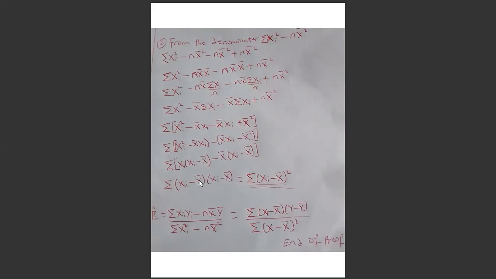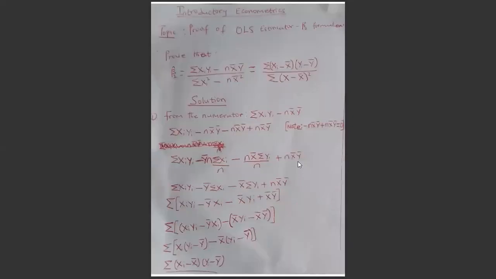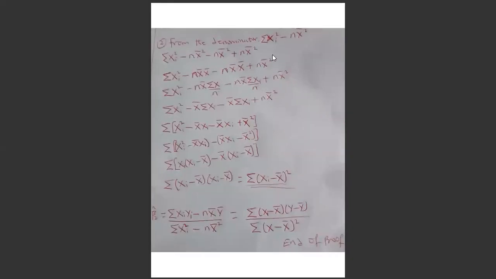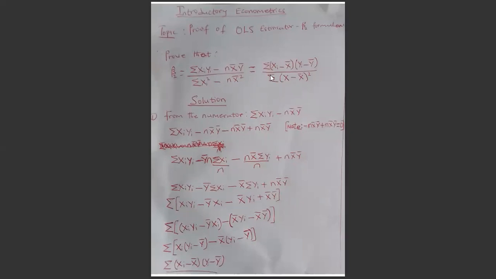So it's equivalent to (x minus x bar) squared. Putting the summation outside the bracket, we have summation (x minus x bar) in bracket squared. So this expression, the denominator, is equivalent to this. We have proved that this denominator is equivalent to this denominator here.